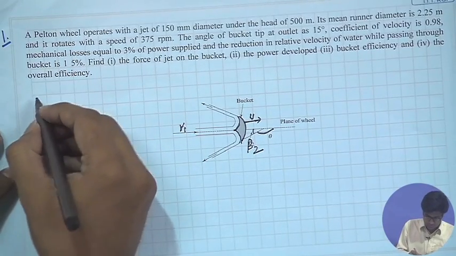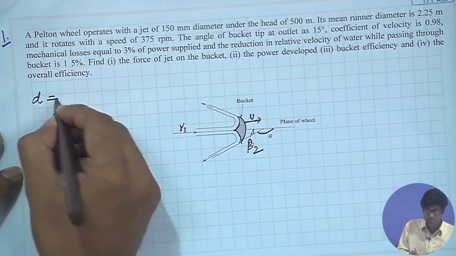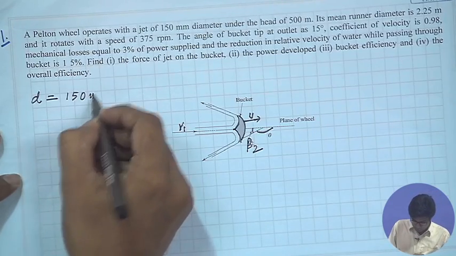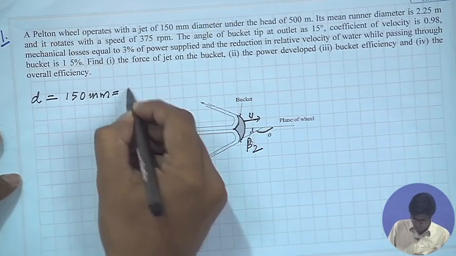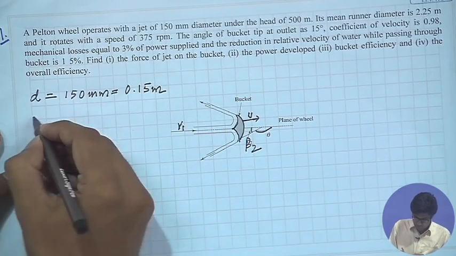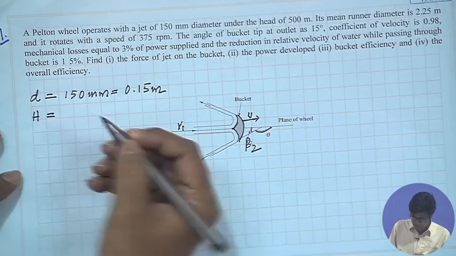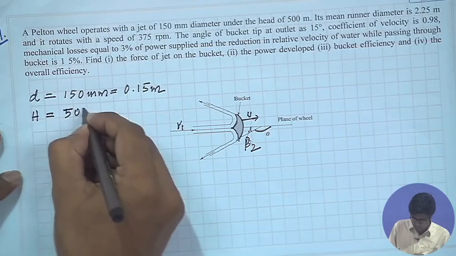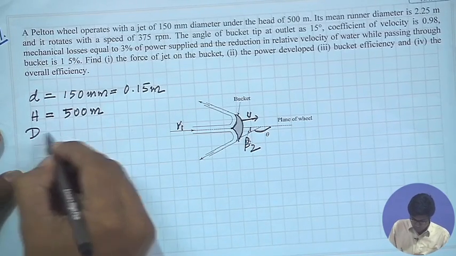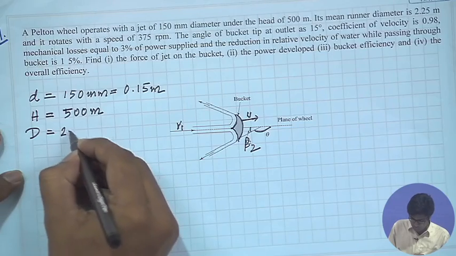Firstly, we are given the jet diameter, which is 150 millimeter or 0.15 meter. The head at the inlet is given as 500 meter. The mean runner diameter is given as 2.25 meter.